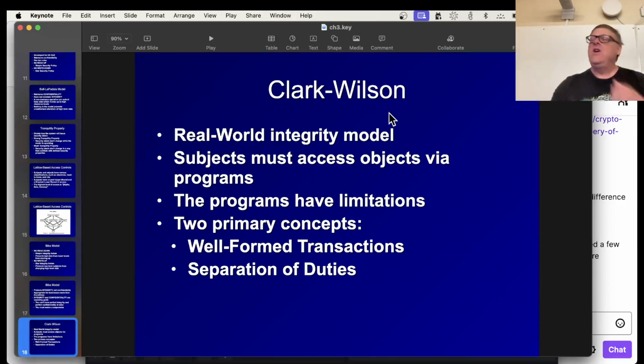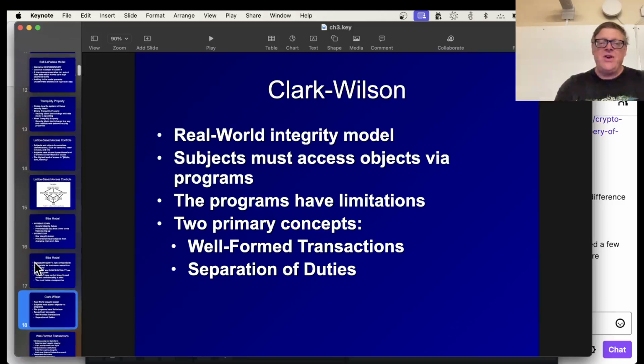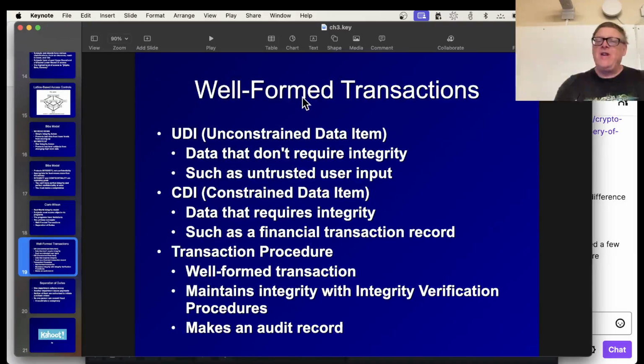Clark-Wilson is finally what came later, where you try to have a real-world model that will give you an appropriate level of both of these properties that you want. So subjects access objects by programs, and the programs work by well-formed transactions, and separation of duties are the concepts here. Well-formed transactions take unconstrained data items and turn them into constrained data items.